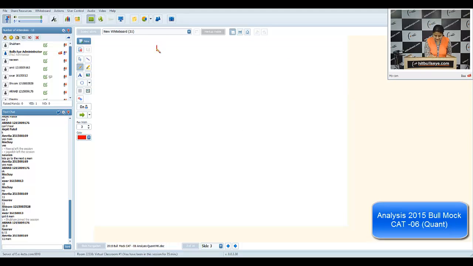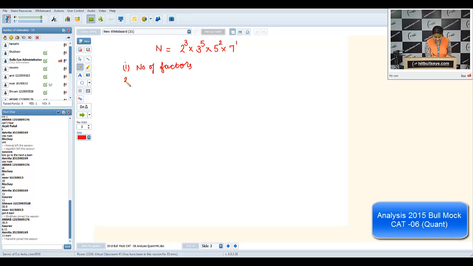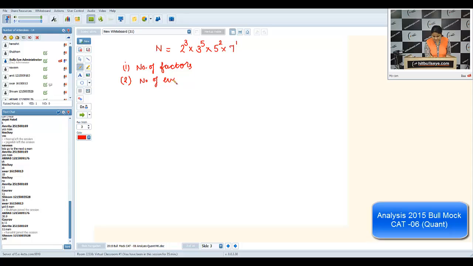Randomly, I'm writing any number. Let it be 2 cube, 3 raised to power 5, 5 square into 7 raised to power 1. You solve these many parts. First of all, you will find how many factors are possible. Second, please write the answers in the chat box. Number of factors. Then you will find the number of even factors.